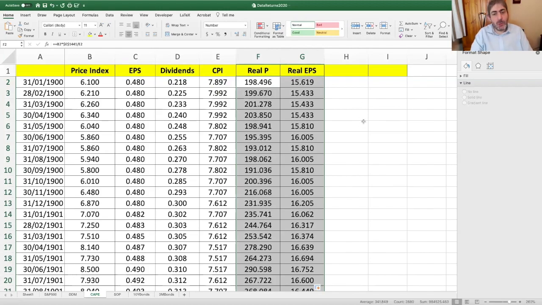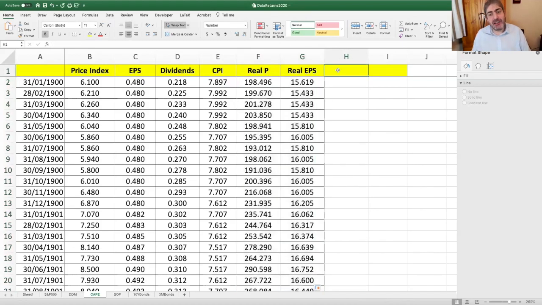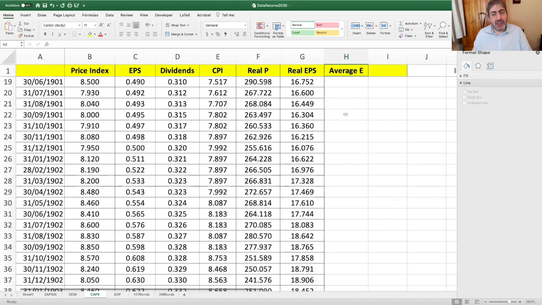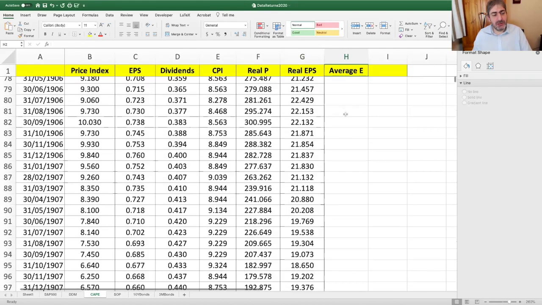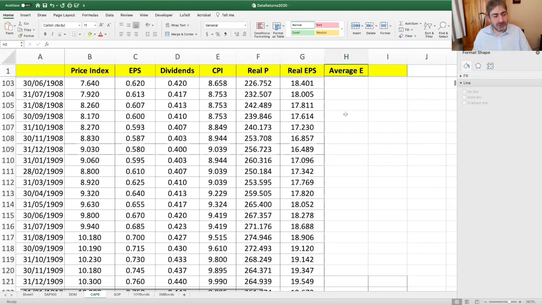Okay, then once we have real price and real earning per share, we need to calculate the average EPS. Now, CAPE is always calculated where we use the average EPS of the last 10 years. Okay, this never changes. That's the way Schiller built it. So, of course, we can only do that from observation 121.